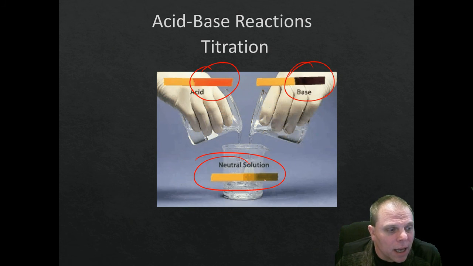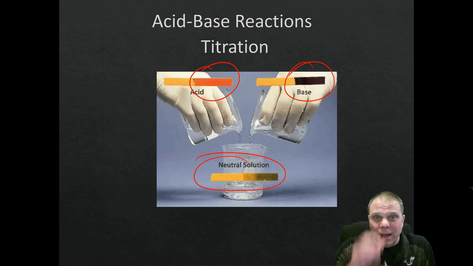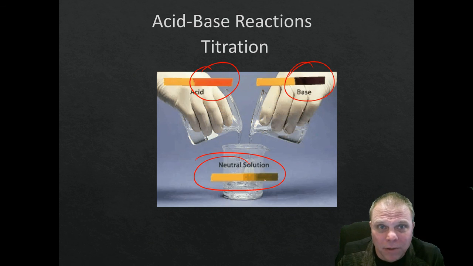But the interesting thing is, if you took that sodium hydroxide and that hydrochloric acid and you put exactly equal amounts of them together, whereas they could be both really dangerous and caustic and could hurt you, once you put them together, it's just salt water. And so you could literally take an acid and a base and pour them together and then drink it, and it wouldn't be harmful. Okay, just salt water.